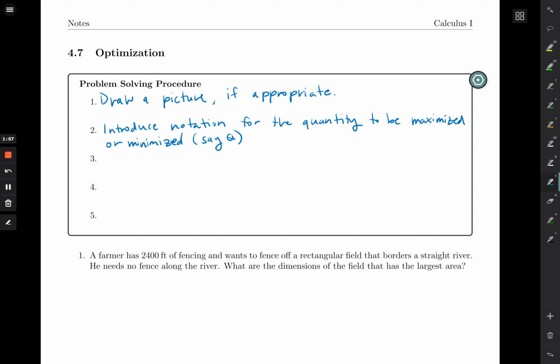You'll also want to introduce notation for any of the other quantities. So when I say notation, that really means assign a variable. And other quantities that are varying.